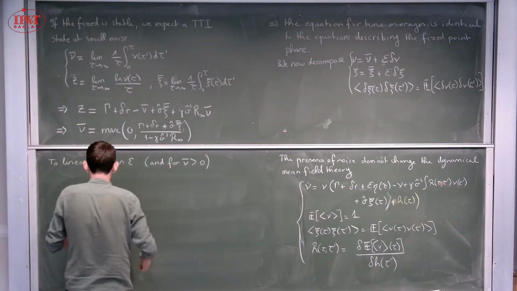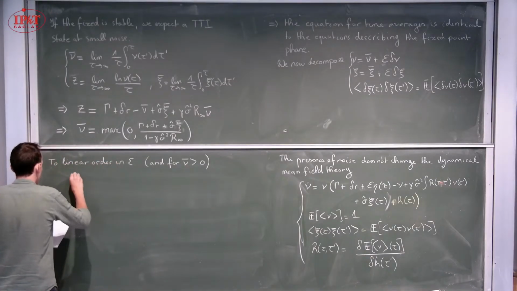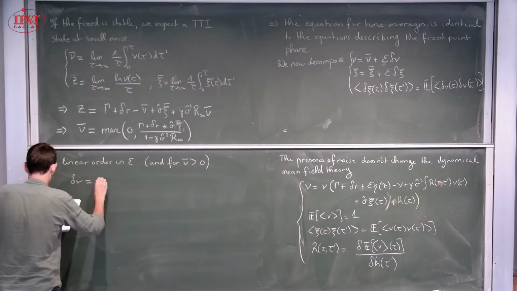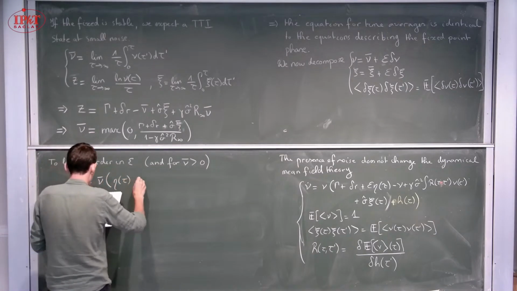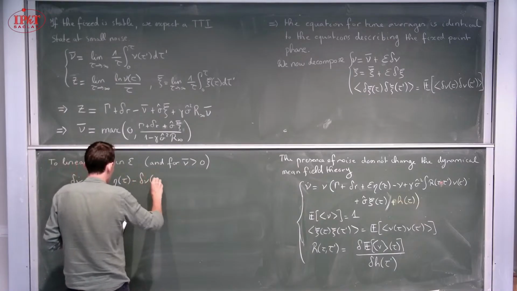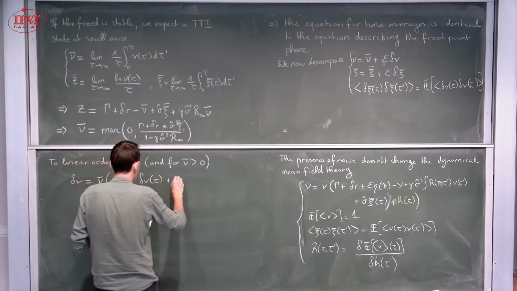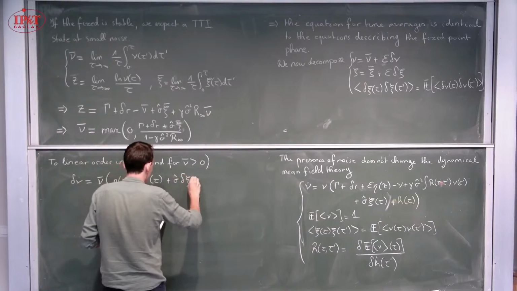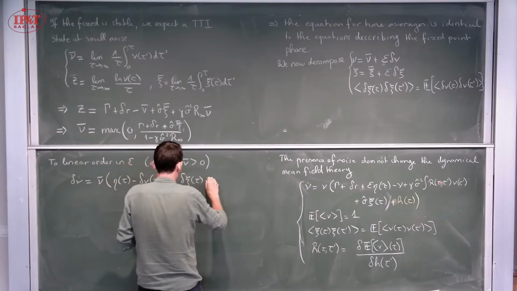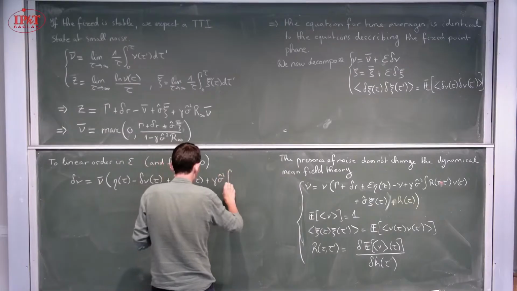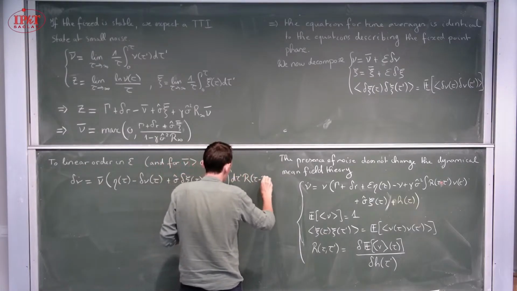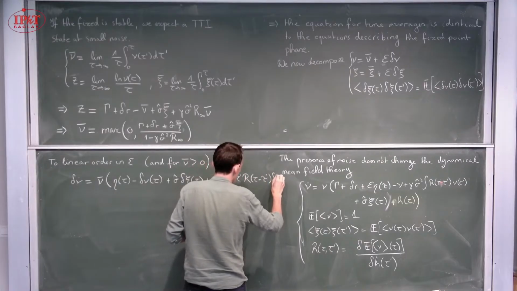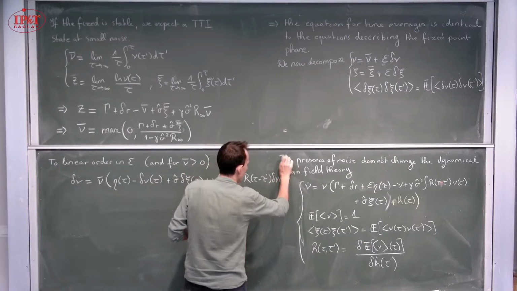It's only for nu bar positive. You get that delta nu dot, to linear order, is equal to theta tau minus delta nu tau plus sigma delta xi tau plus gamma sigma square the integral over tau prime of r tau minus tau prime delta nu tau prime.